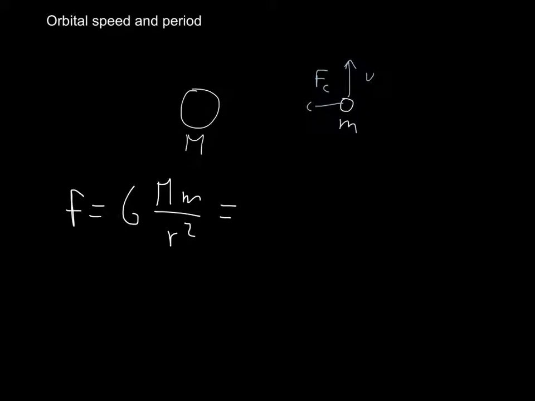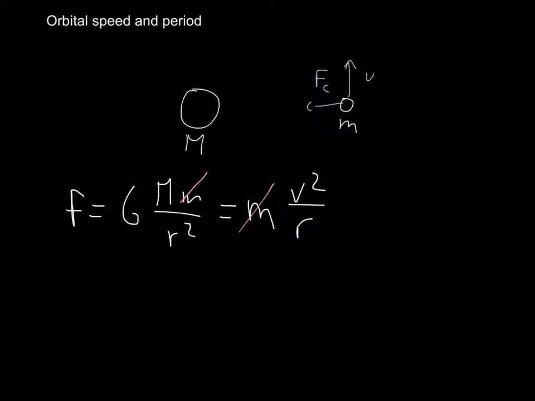Hopefully you got that the formula is m v squared over r. Now all I need to do is rearrange. The first thing I realize is that the little m cancels, which means that the speed of something in orbit only depends on this mass, not the other one. It makes sense, because this is like the acceleration of gravity: the acceleration that it will suffer, which determines the motion, depends only on the field.